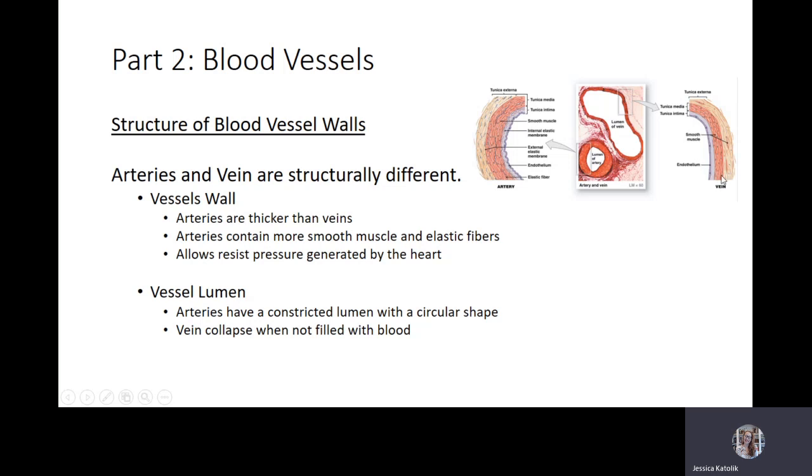So the best analogy that I can think of for a vein is more like a water balloon. Because that water balloon is going to be rather thin, when it's not filled with water, it's going to collapse. And so that's what the veins will look like when there's no blood in it. It will look rather collapsed, like so.